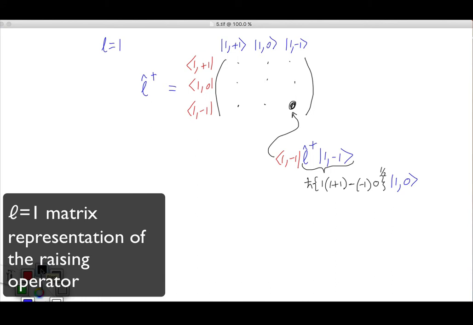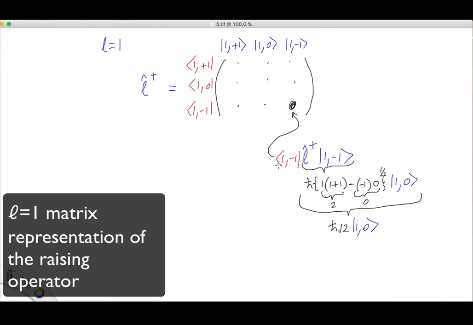Let's just evaluate the factor. The second term evaluates to 0. The first term evaluates to 2, square rooted, so the whole term evaluates to h bar root 2, ket 1, 0.